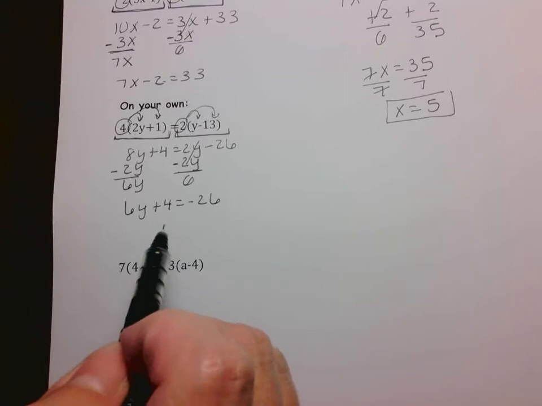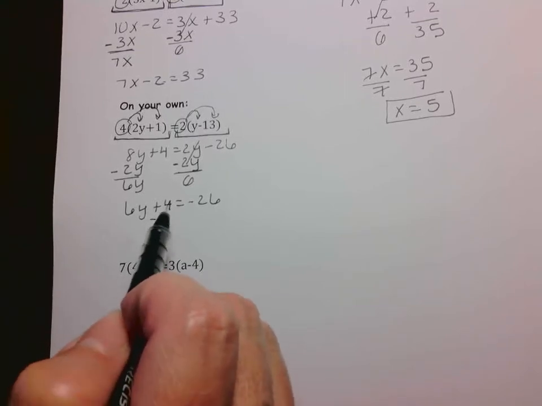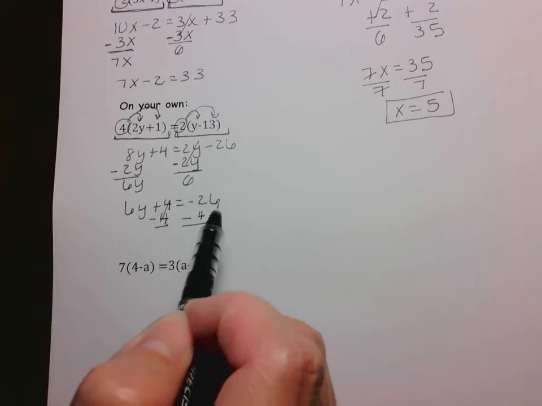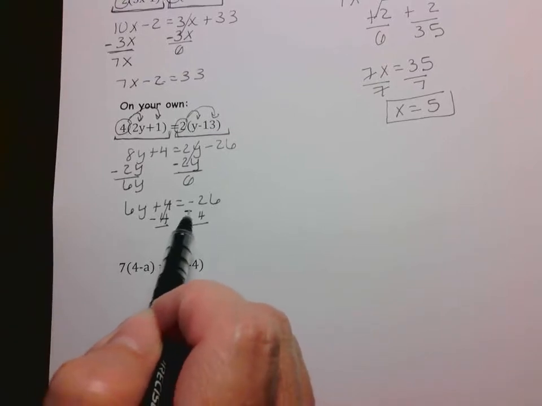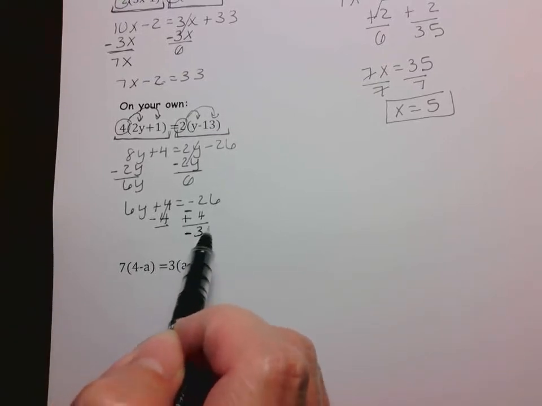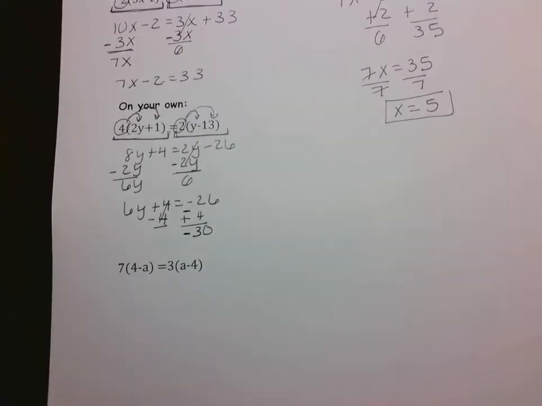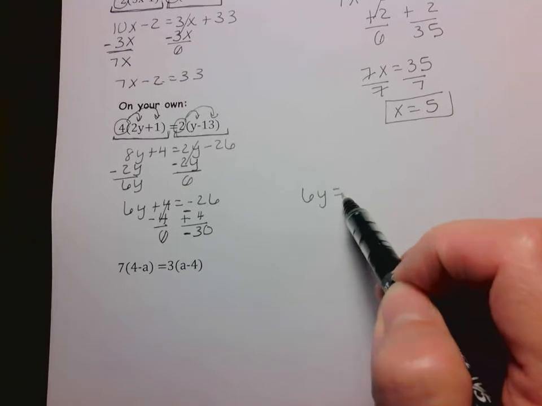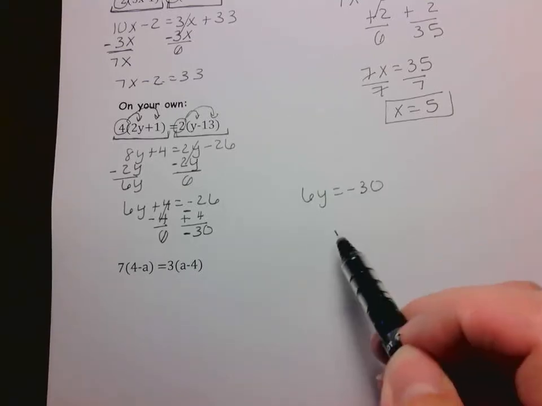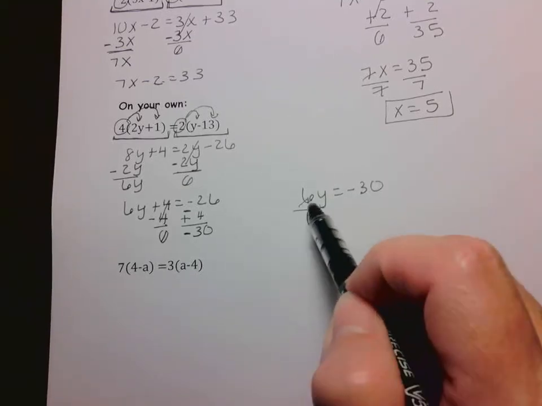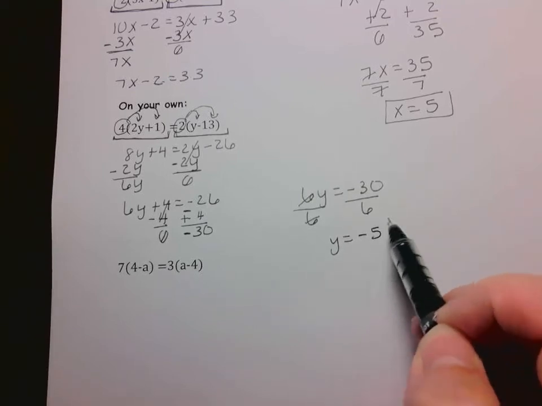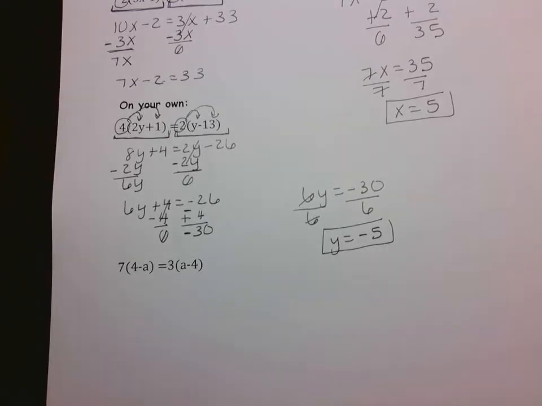And now I'm going to subtract 4 from both sides. Look at this, I want to say keep, change, change. So that ends up being negative 30. I'm going to divide both sides by 6. And here's my answer. If you have any questions, let me know.